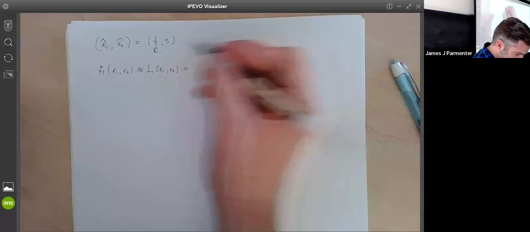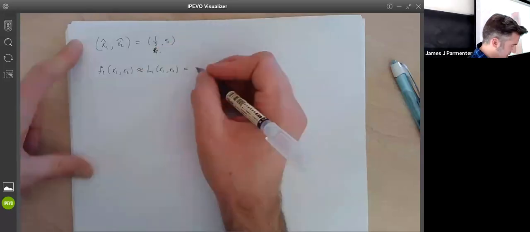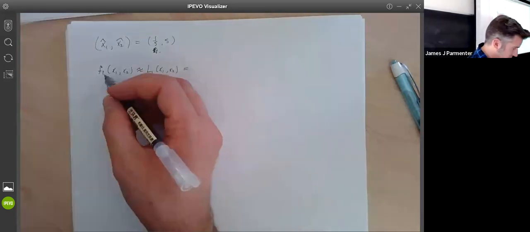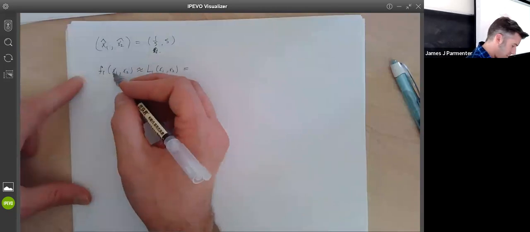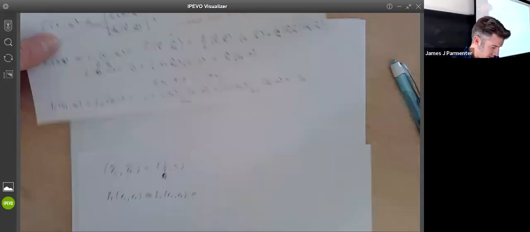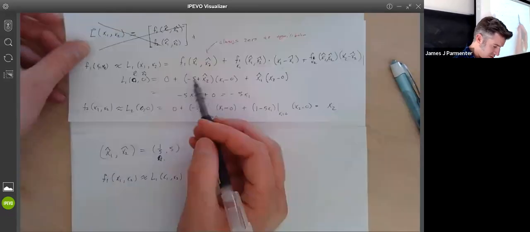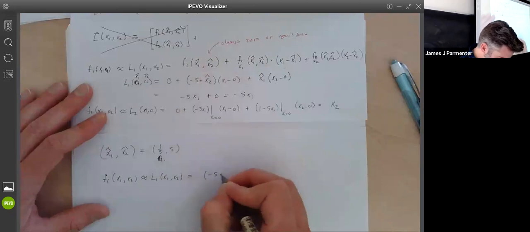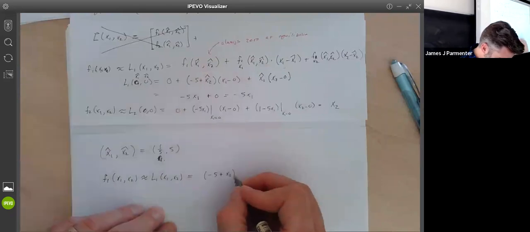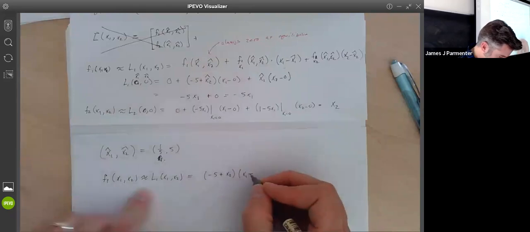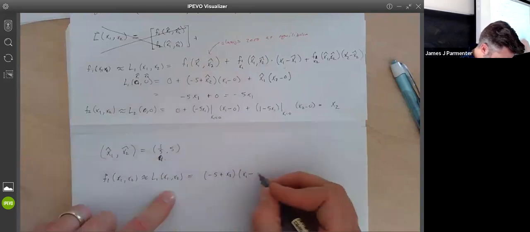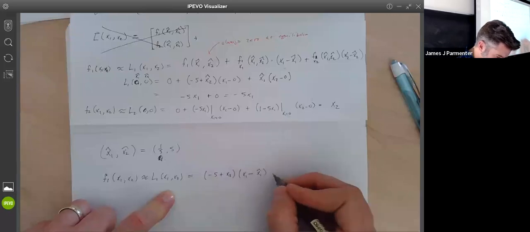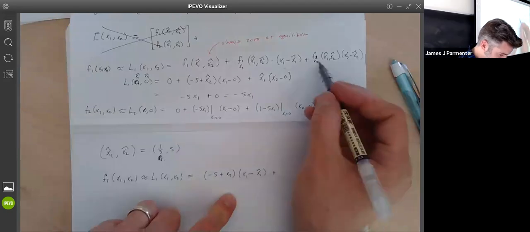It's going to be the partial derivative of the first one with respect to x1, which we did already before. So it's going to be that same first partial derivative, -5 plus x2, times x1 minus the x1 hat value. And then plus the partial derivative with respect to x2, which was x1.